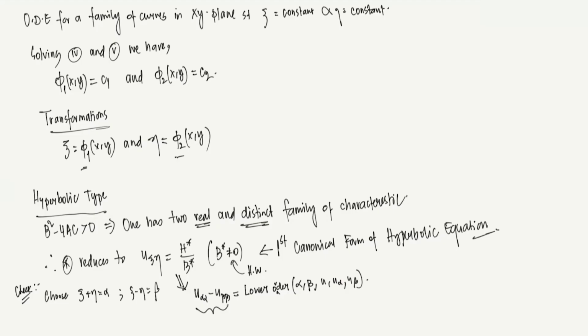The highest order term here is u of xi eta, but here it looks like this. So this is the second canonical form.